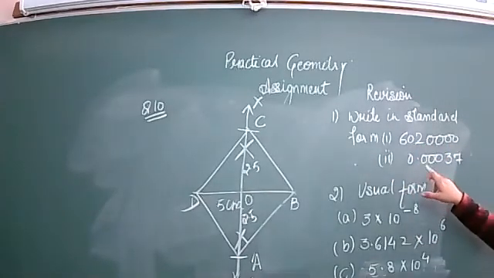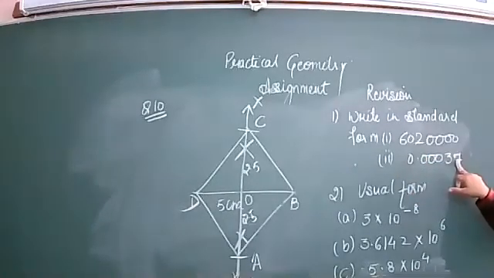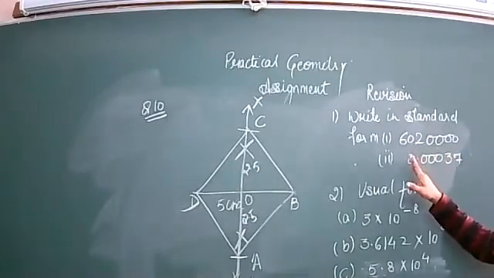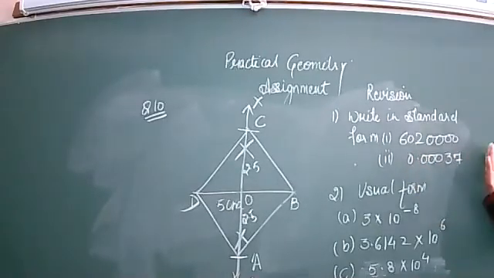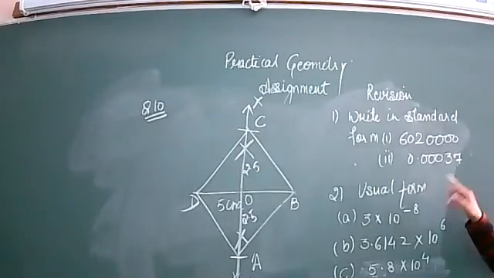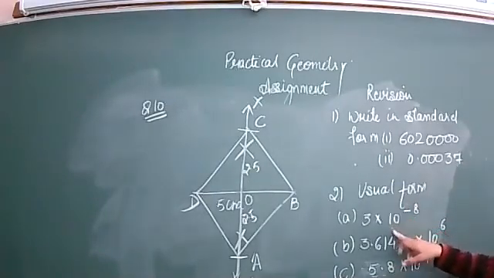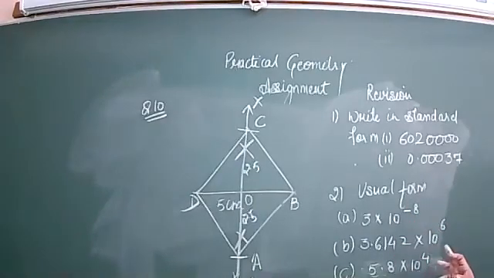Whenever the decimal is given and you shift the decimal after the first digit, as you are shifting the decimal from the left, the power of 10 will be negative. And in the usual form, you will remove this 10 raised to power minus 8, 10 raised to power minus 6, and 10 raised to power 4. You will simply write one number.